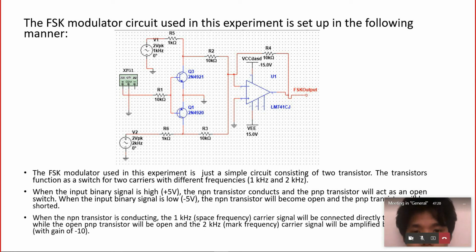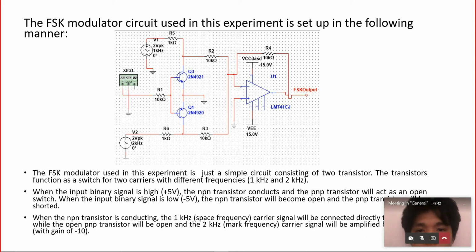The FSK modulator used in this experiment is just a simple circuit consisting of two transistors. The transistors function as a switch for two carriers with different frequencies, 1 kHz and 2 kHz. Switch lang yung dalawang transistor na may 1 kHz at 2 kHz.